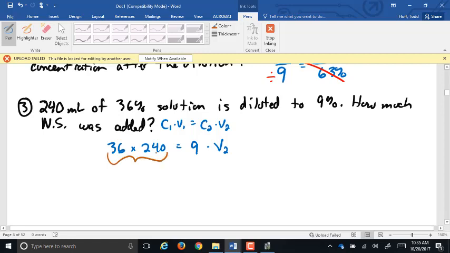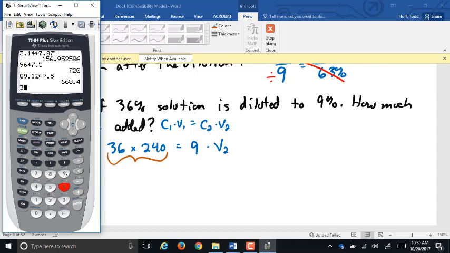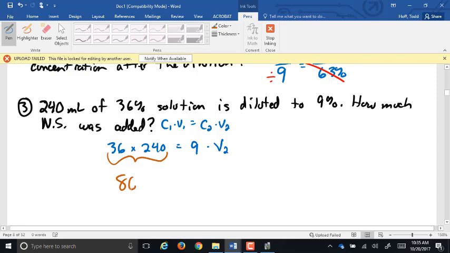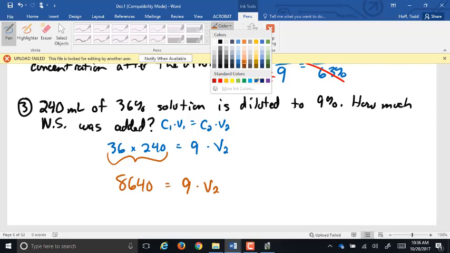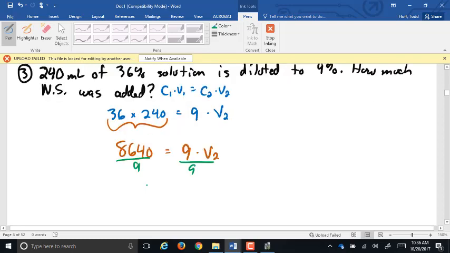So we have to do the 36 times 240, which is 8,640, equals 9 times V2. What's our next step? Divide by 9 gives us 960 equals V2. Now we have to make sure that answers our question.